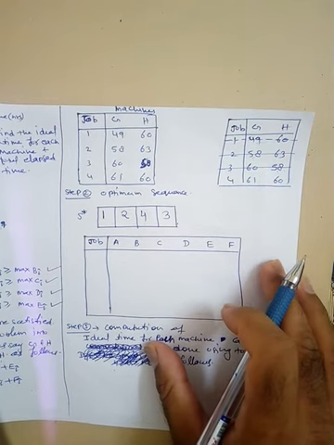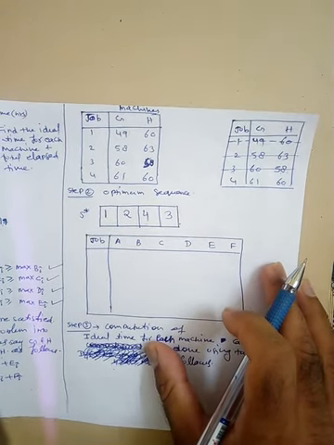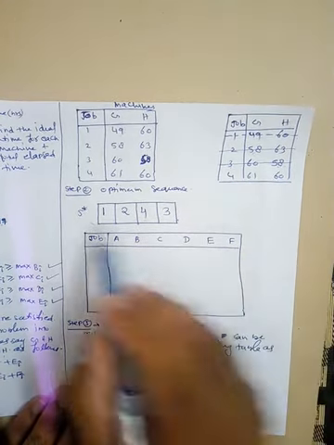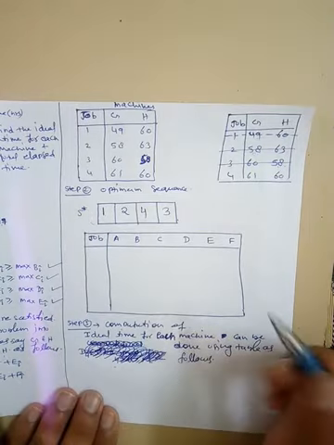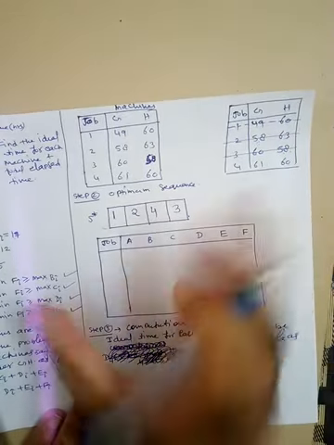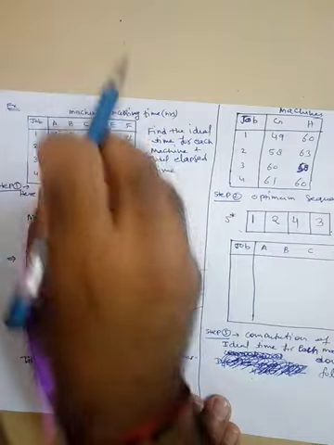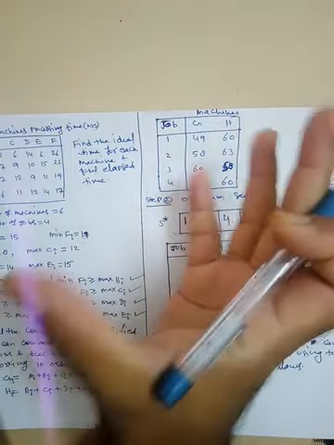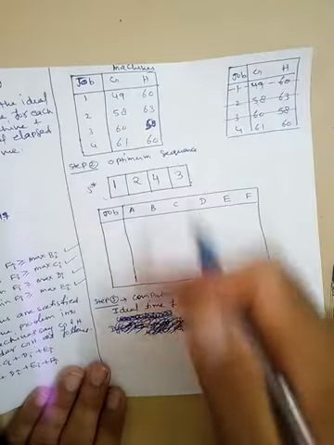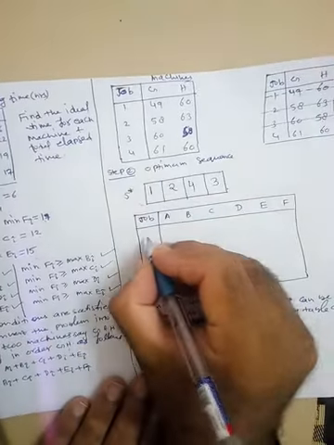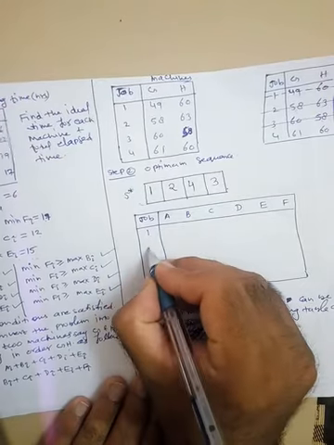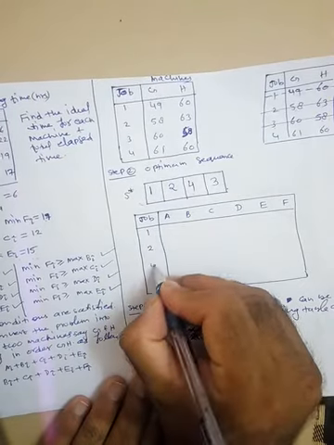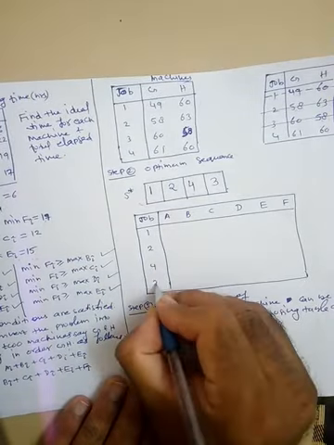Fine. So this is the optimum sequence. Now split the jobs, because we have combined these and shrunk our problem. Now we have to expand it to the original form so that we can constitute the table. So here is the optimum sequence 1, 2, 4 and 3.